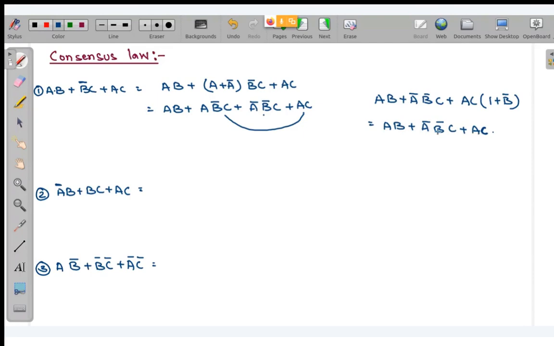Okay, so A bar C, if I take common, that will not be helpful. So somewhere have I made some mistake? Maybe in the manipulation part, I am thinking. Okay, let me try it once again.